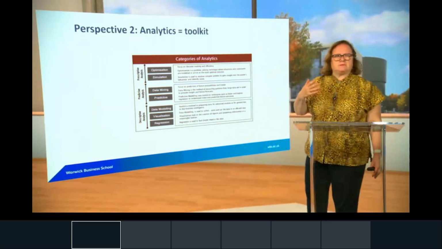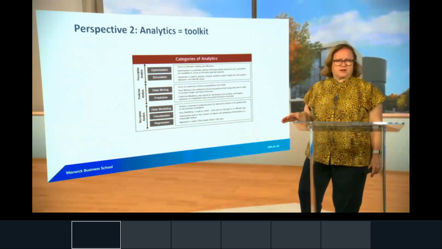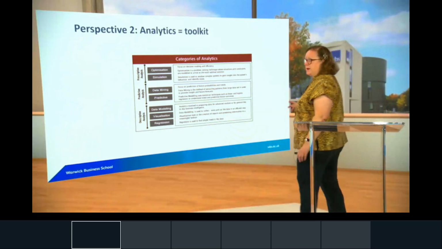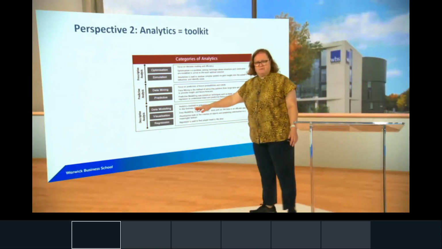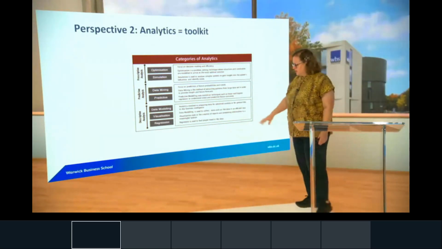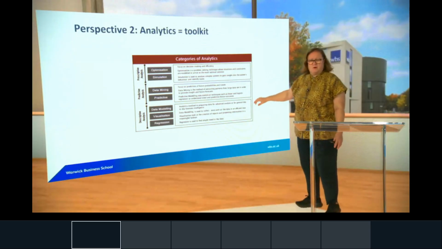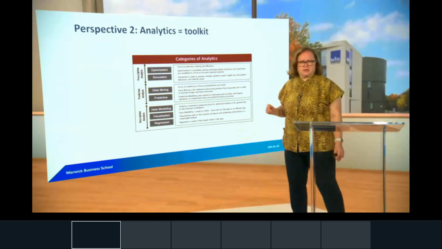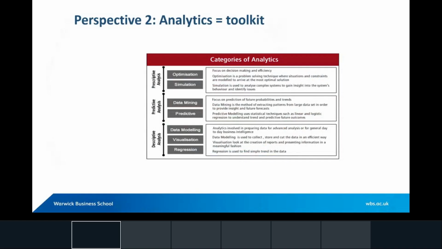Descriptive analysis is about understanding what's going on. So we have things like data modeling, visualization, and regression. And in these boxes over here, what you can see is a bit of an explanation as to what those terms mean.